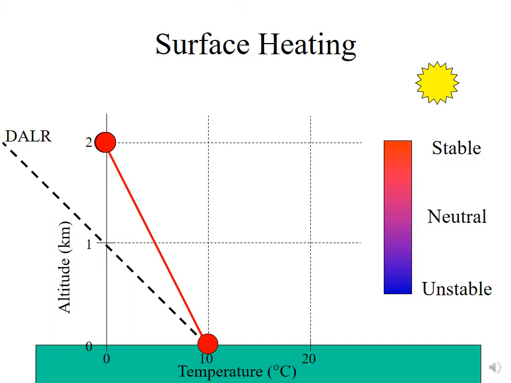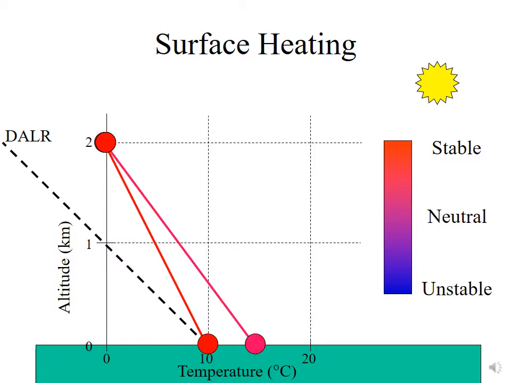If we lifted by the dry adiabatic lapse rate, by the time we get to 2 kilometers, our air parcel is colder than the environment, which means that it's going to be negatively buoyant. And if you let go, that air parcel will return to the surface and will therefore be classified as a stable atmosphere. But if we start to heat the surface, we will affect the atmospheric lapse rate.